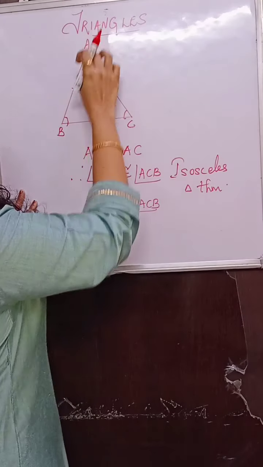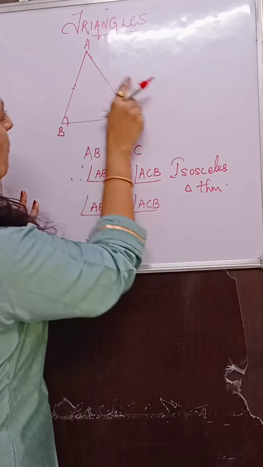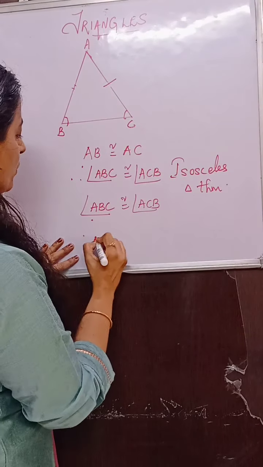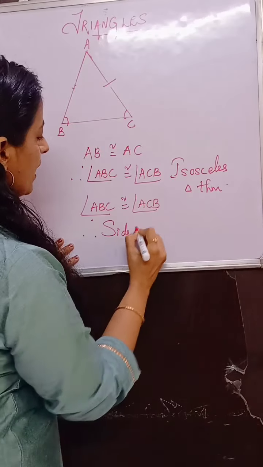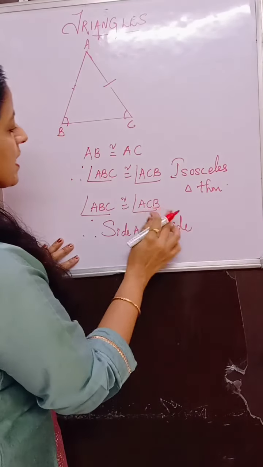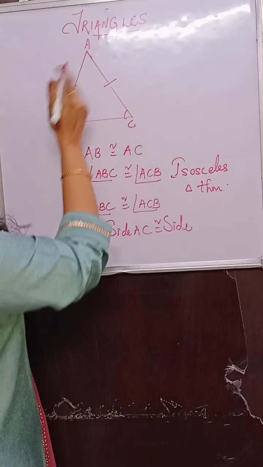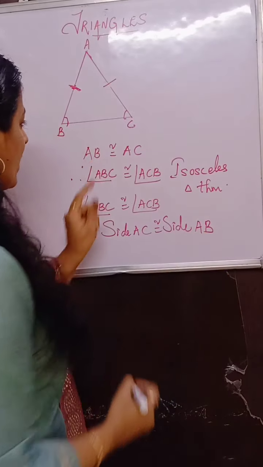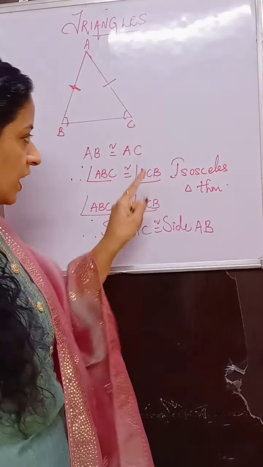Angle B's opposite side is AC. Therefore, side AC is congruent to side AB, since angle C's opposite side is AB.